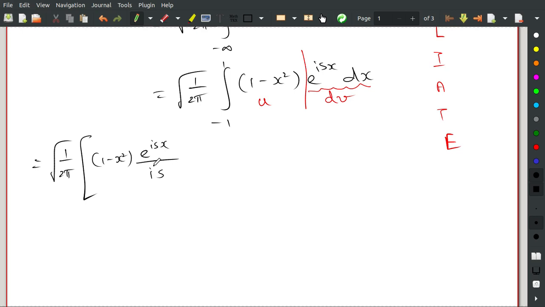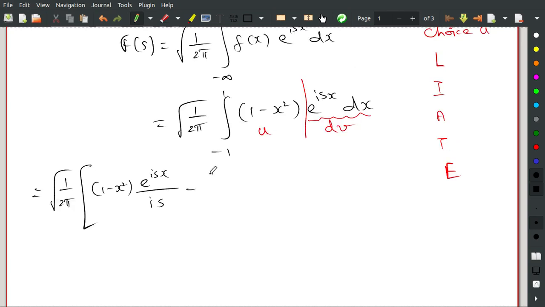This is our v, minus integral -1 to 1 of v du. So v is e power isx divided by is, and if we differentiate u, we have minus 2x dx.